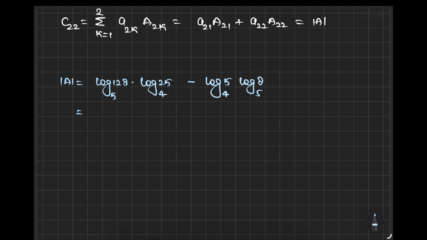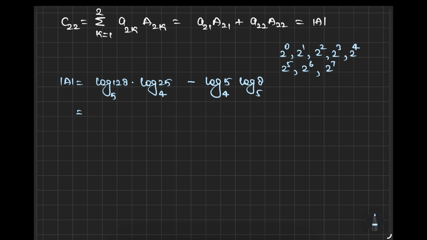Now look at this, can I write 128 as a power of 2? 2 power 0 is 1, 2 power 1 is 2, then 4, then 8, then 16, then 32, then 64, then 128. So 2 power 7.